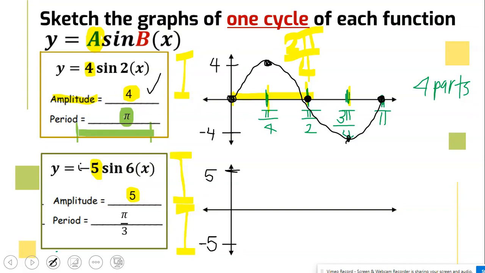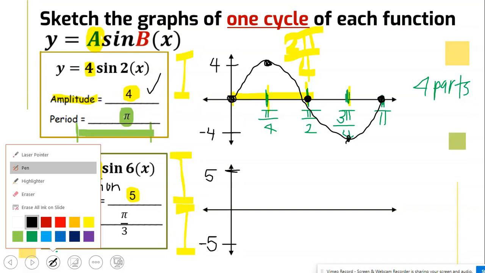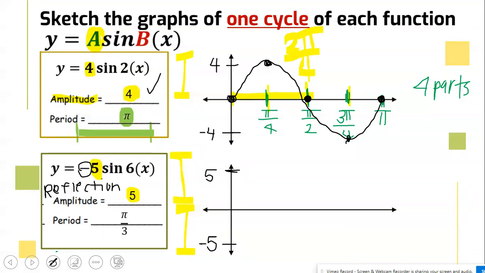Now, this negative right here, that means it's going to be a reflection. And we've always talked about reflections this year, and it's always been across the x-axis. So I want to show you a reflection on the top graph that we have, right up here with the black graph that we already have established. If you were going to reflect this point across the axis, it's going to stay right there.